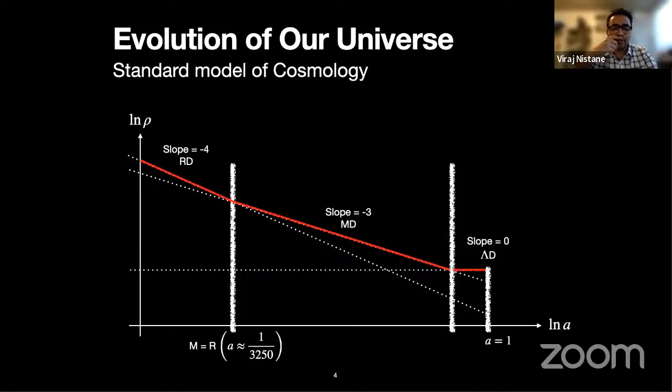It shows the three major phases of evolution: first, radiation domination; then, matter domination after the matter-radiation equality; and third, that is today, the constant energy density domination. Hopefully everyone has seen this plot or a similar variation of it.